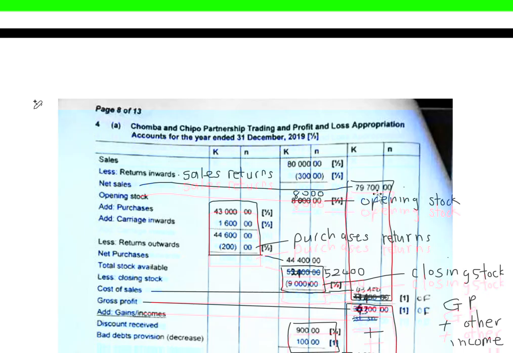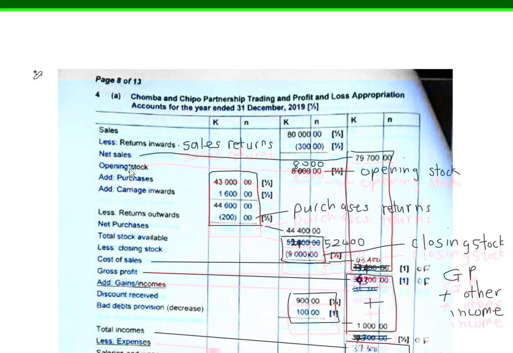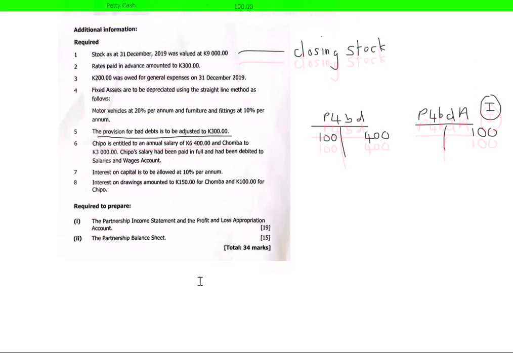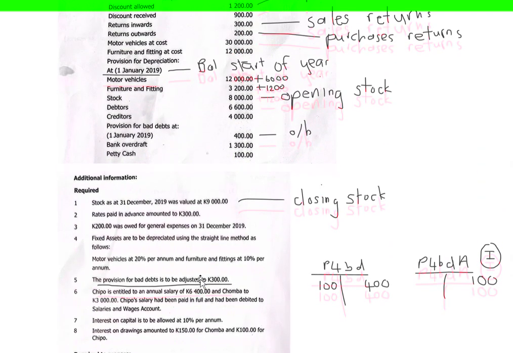So that's net sales. Now we got opening stock, and we need to go and find the opening stock balance, which is 8,000. Opening stock means the figure at the beginning of the year.